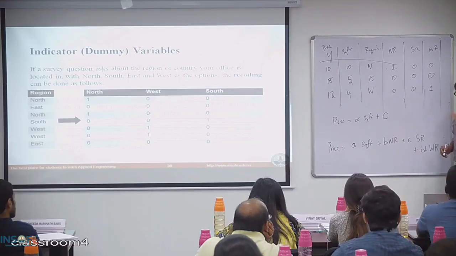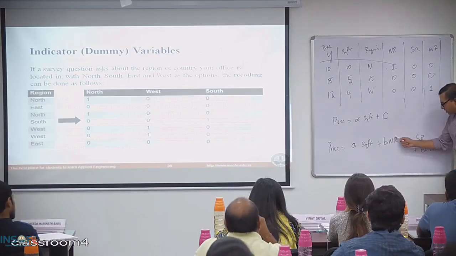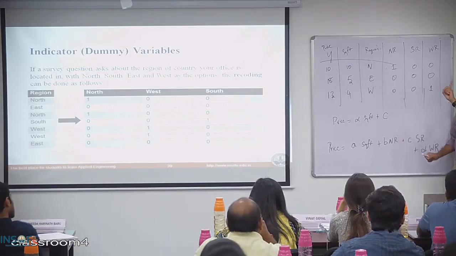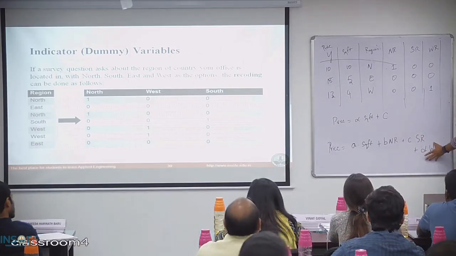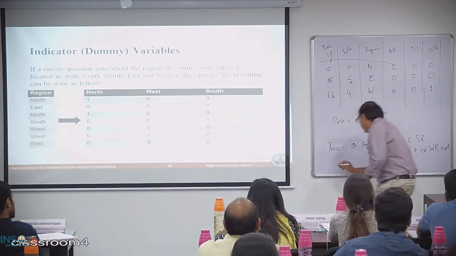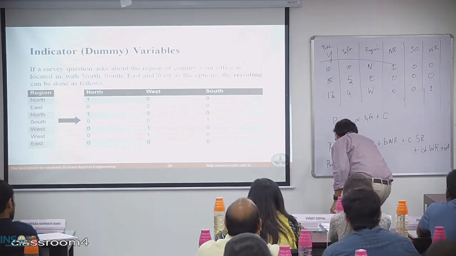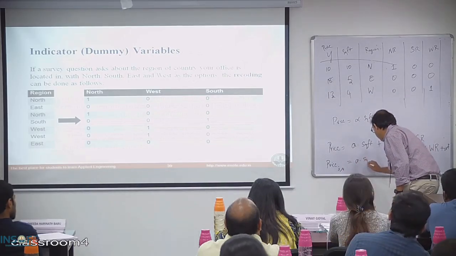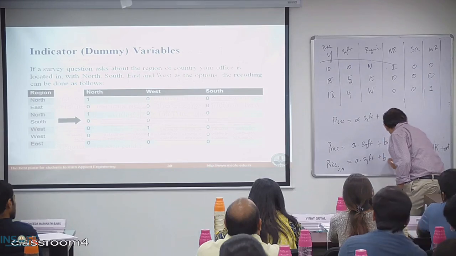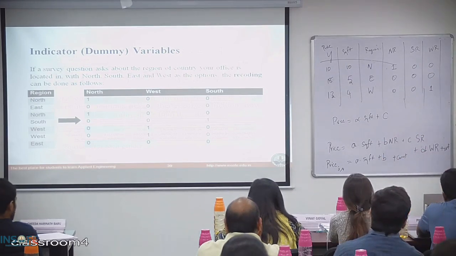When it's the north region, this north value becomes 1, and the others become 0. So the price of this new house in the north is going to have a value A times square foot plus B plus this constant, right?